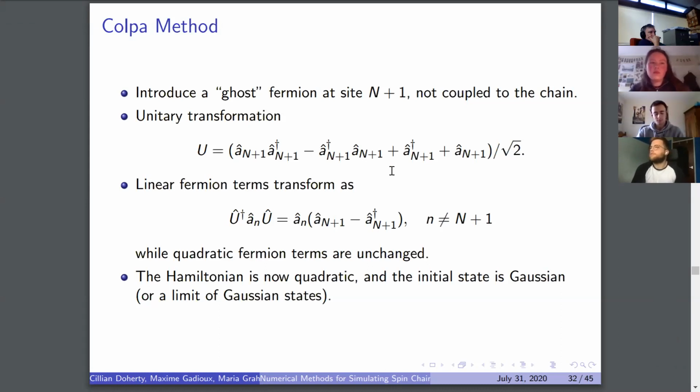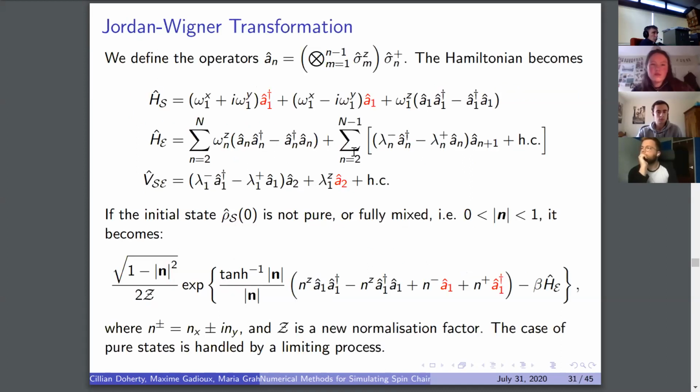The exact form of this isn't too important, but what's important is how the fermion terms transform under this operator. So for example, a linear term will get mapped to A_n times this difference of the operators corresponding to the new particle. And furthermore, the quadratic terms are left unchanged. So if we map our whole system under this unitary transformation into this new system with n+1 fermions, if we just go back, you see these red terms, all the linear terms, will all become quadratic.